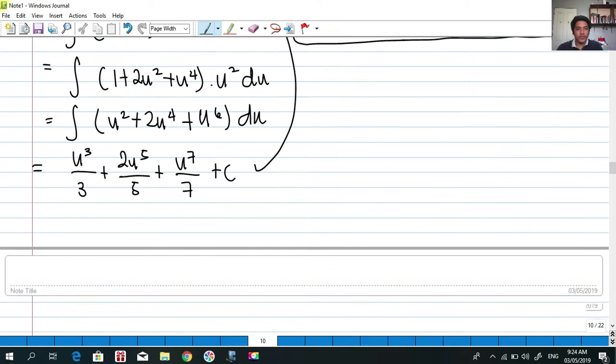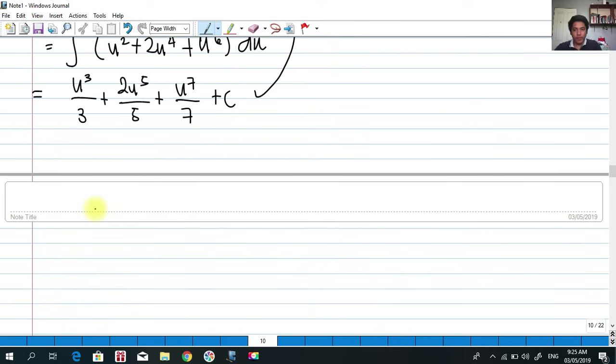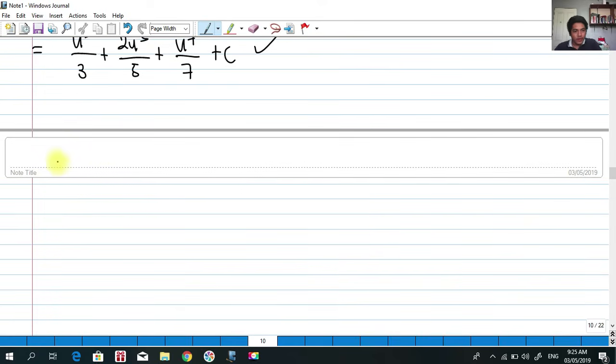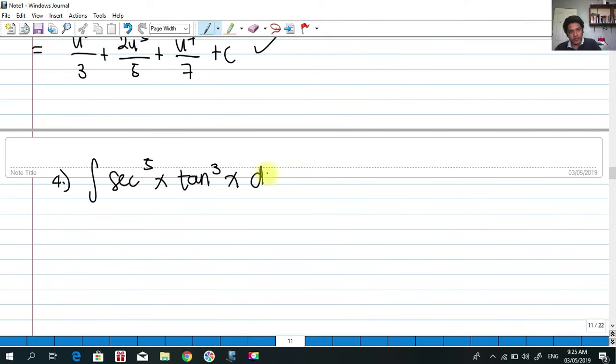So continuing our discussion for number 4 problem, we have here the integral of secant raised to 5th of x times the tangent cubed of x dx. So in this case, what are we going to do, since we have both exponents 5 and 3?